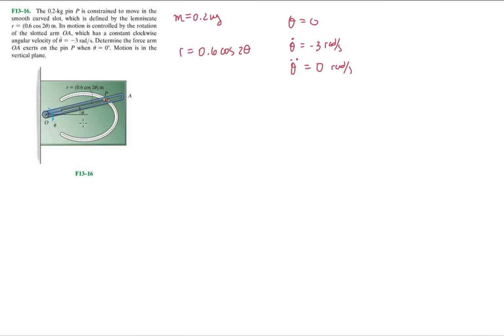So what happens when theta equals 0? Well, if we look at this arm, this arm is going to be here, and the little ball is going to be right there. Let's just visualize it for now.